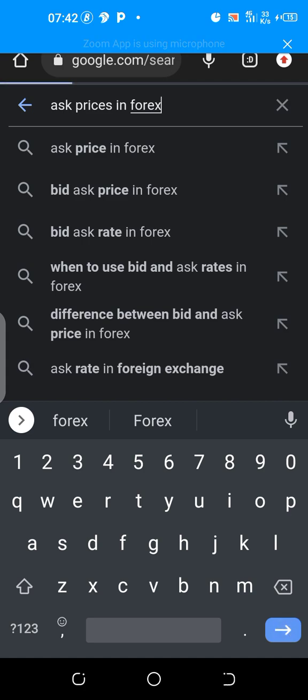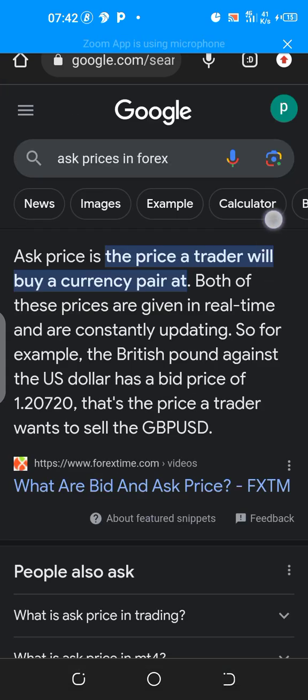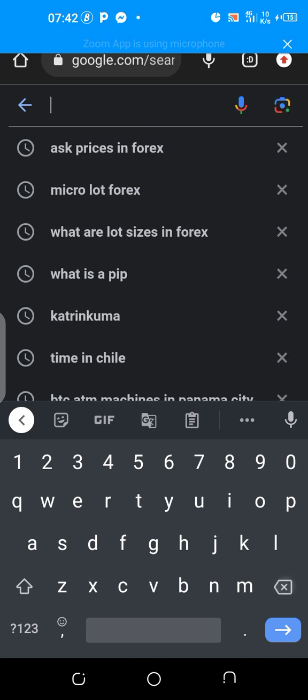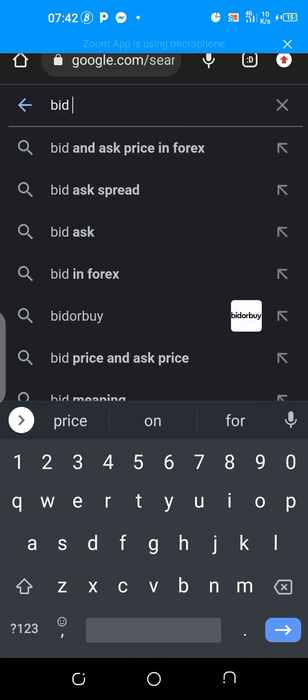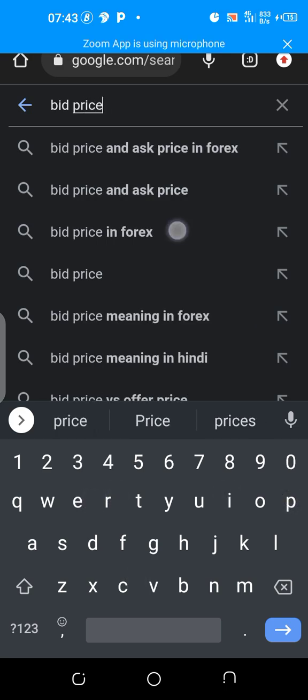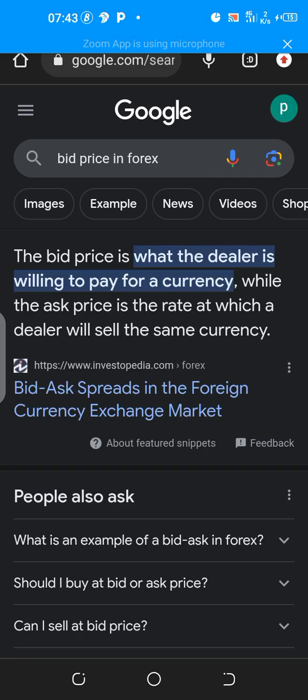As the name implies, the ask price is the price a trader will buy a currency pair at, the price at which you buy. The price at which you sell off is the bid price, or the price the market gives off. Bid price in Forex is what the dealer is willing to pay for a currency.